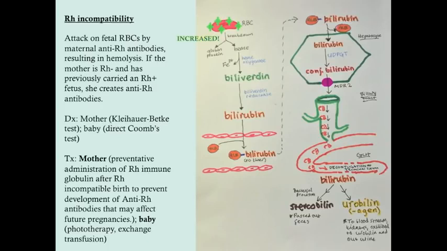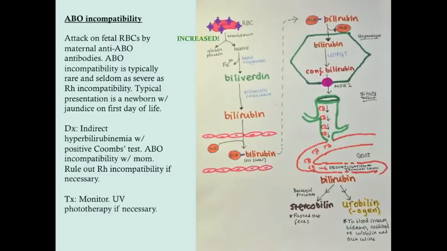But from the pediatric side, if you have a baby who was delivered with Rh incompatibility, then the treatment is going to be phototherapy and exchange transfusion. Exchange transfusion more so in extreme cases. We'll talk about this in greater detail in the indirect section.